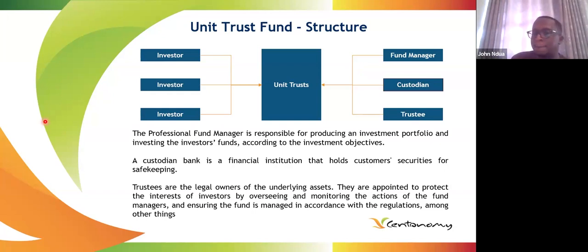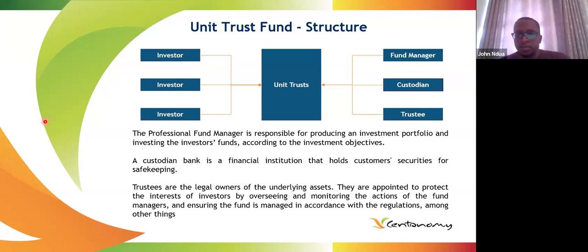It's mostly a bank. When you're depositing money, the fund manager does not hold the money in the account. The money goes to a custodian bank, and the custodian bank receives instructions from the fund manager to make the investments. So all the securities are held with the custodian.